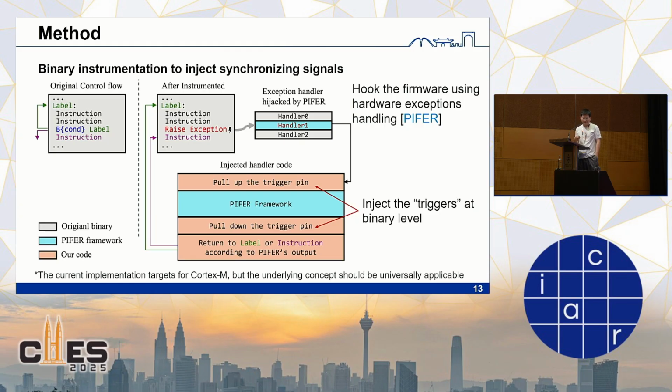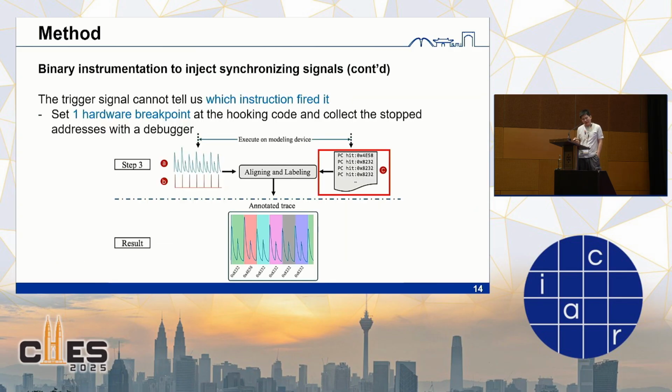We use this framework to handle all these corner cases. Okay. So for now, when the target device executes to this instruction, we will have a binary-level trigger we injected.